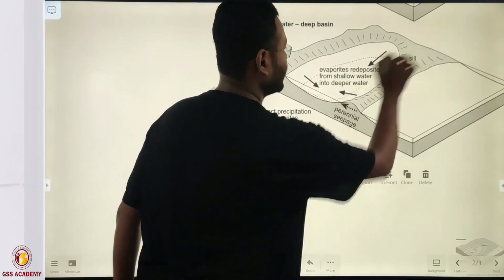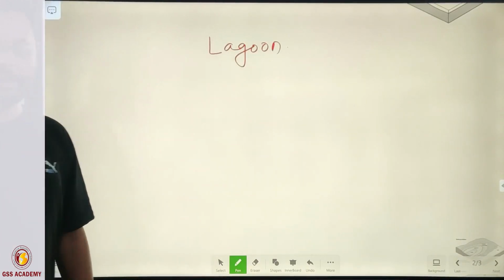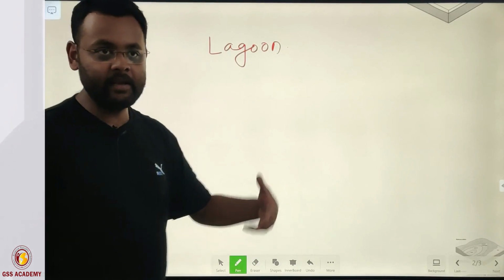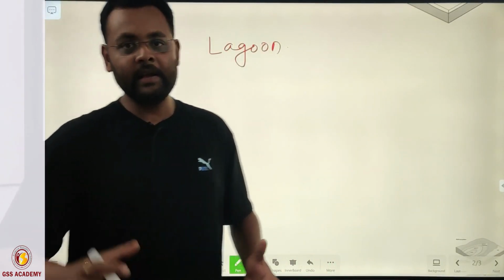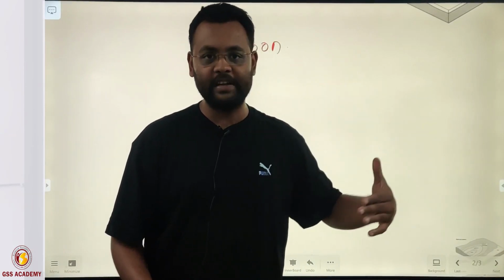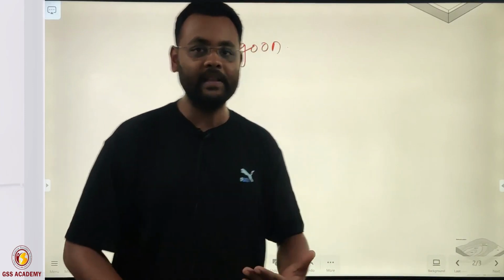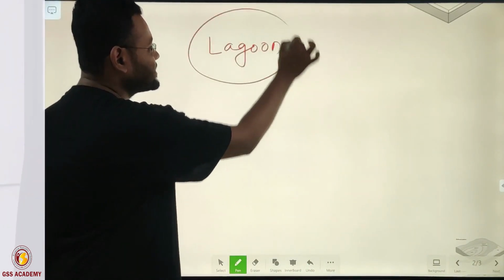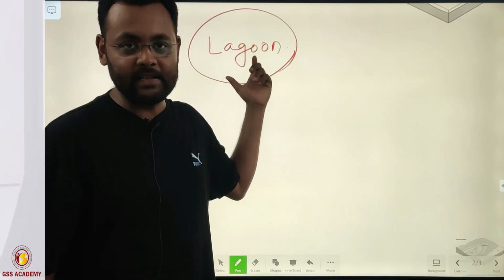I think you all know this particular term, lagoon. Geologically the lagoon can be defined as a shallow body of water that is situated between the main continent and the open ocean. So you may think, sir, whether the formation of evaporites is possible in this particular lagoonal setting.